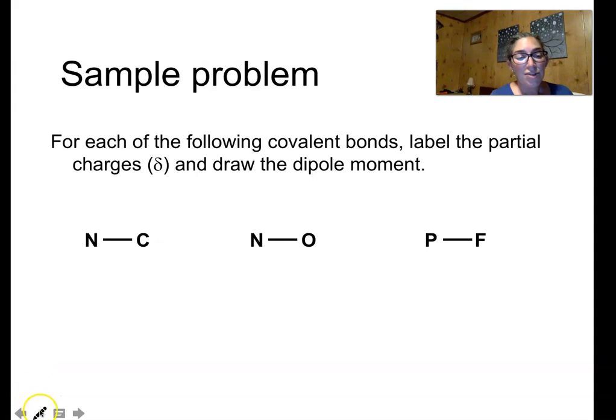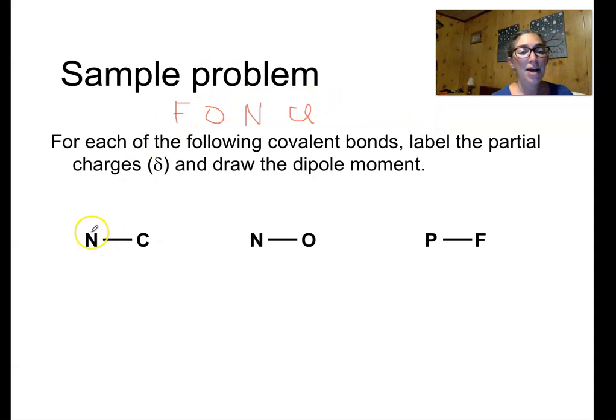So for each of these, we're just going to practice drawing the dipole moment and labeling those partial charges. Essentially we're trying to identify the electron hog, the biggest electron hog. Remember, the big electron hogs are FONCL, in that order. If these guys are paired with any other nonmetal, then you know they're hogging electrons.